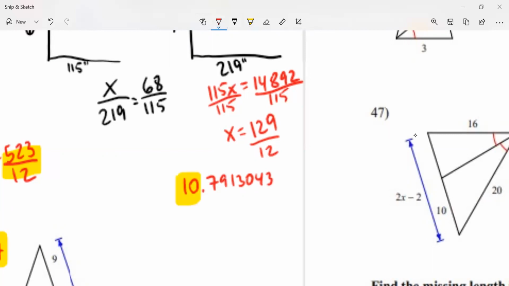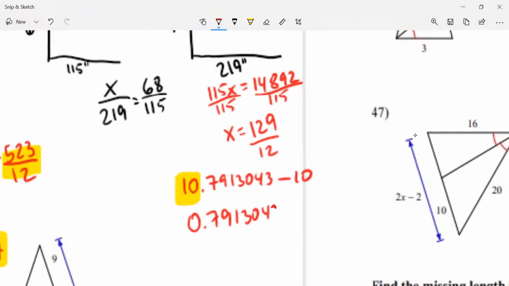On my calculator, let me subtract the 10 because I just want to see the decimal. Don't type the decimal itself. Instead, subtract the 10.